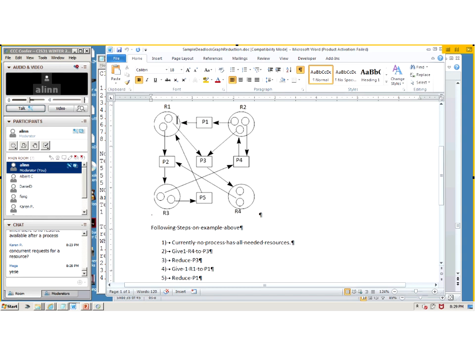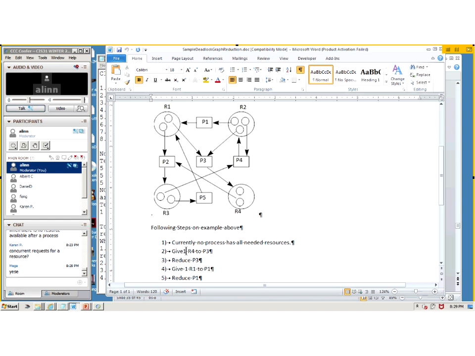You can almost pick any one. P1 wants one of these, but they're not available. P3 wants one of these, and there's one available. So give one R4 to P3.